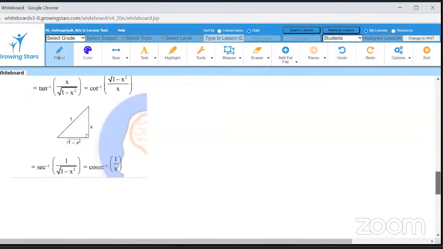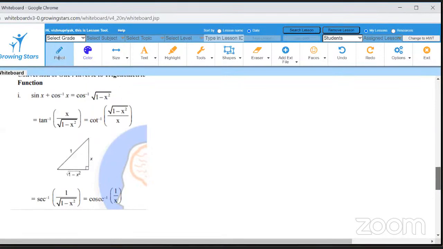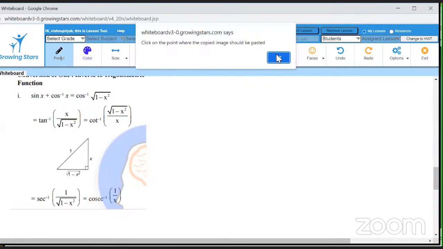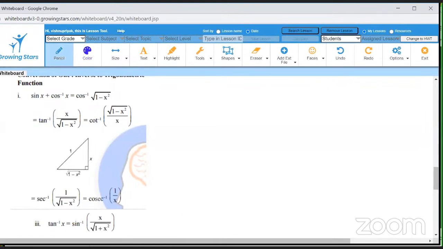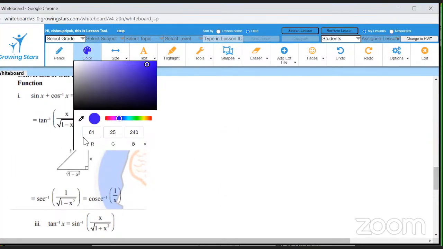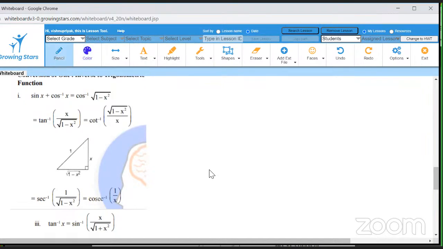I'll scroll down again. Again, some more properties.